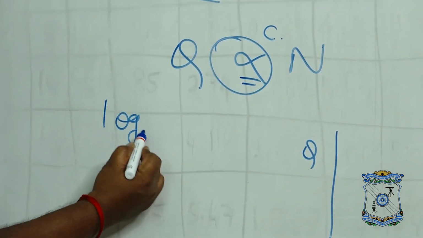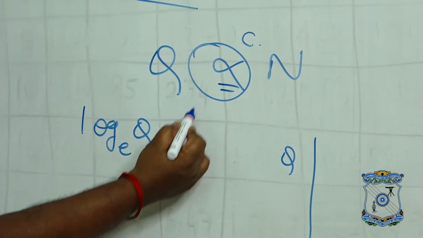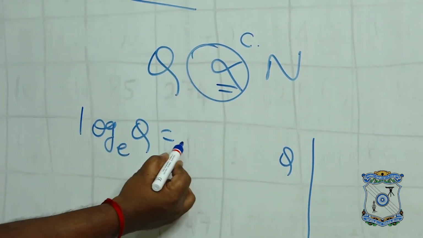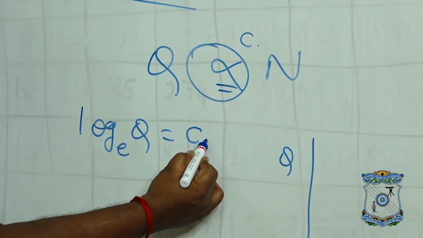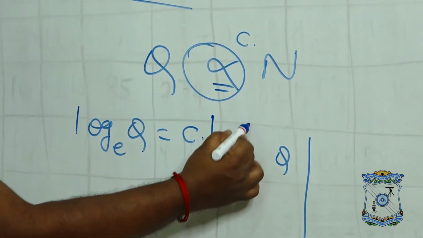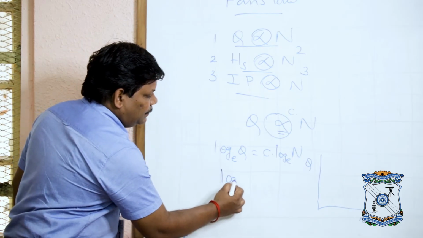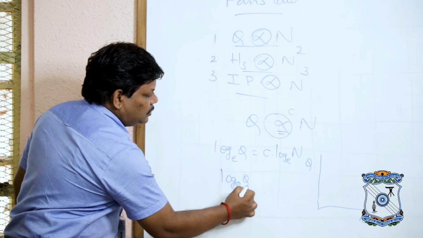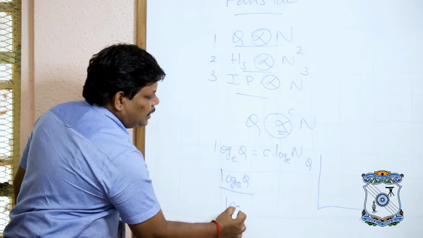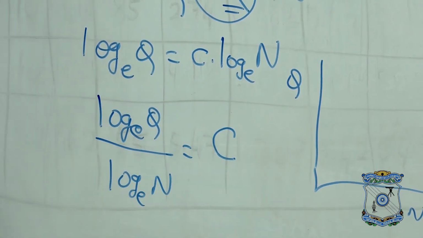If you take log on both sides, that is log base e Q should be equal to C into log base e N. So log base e Q divided by log base e N should be equal to the constant.